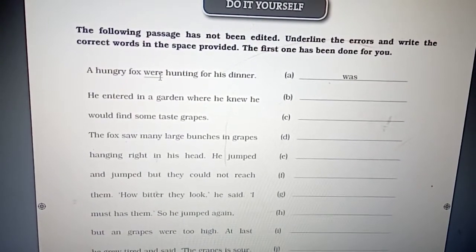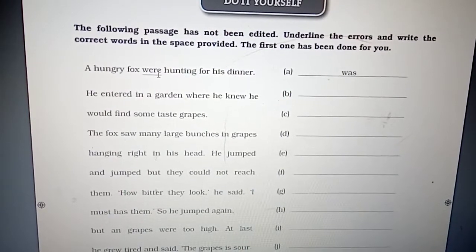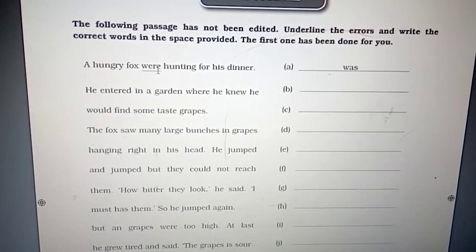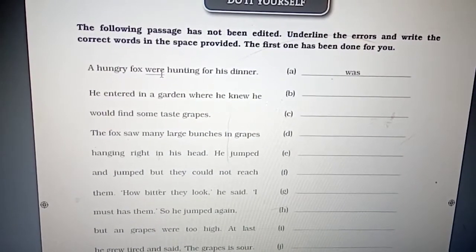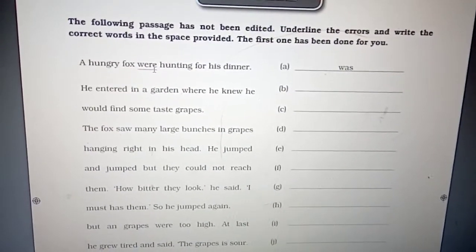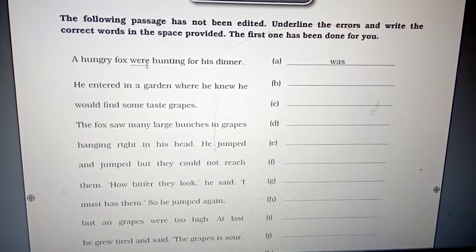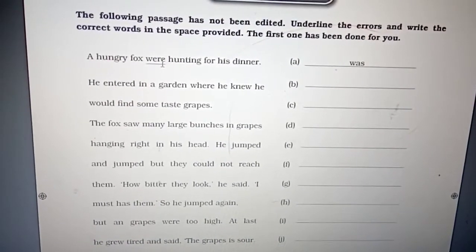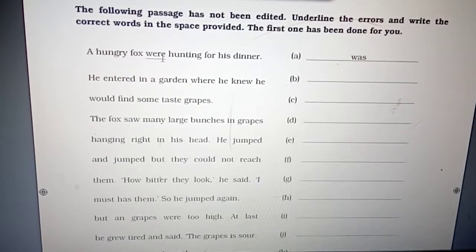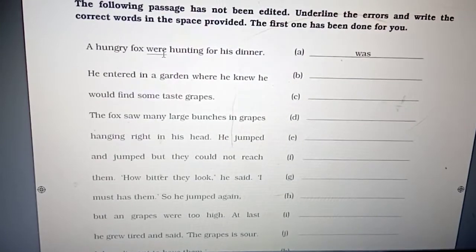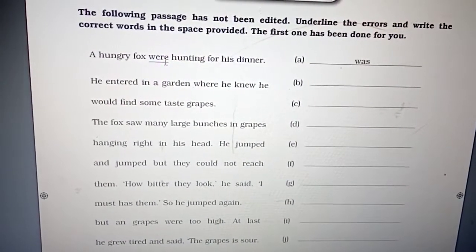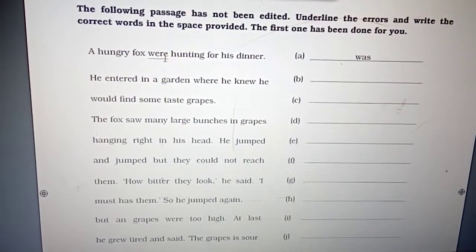He entered in a garden where he knew he would find some taste grapes. Entered means प्रवेश करना, and entered shows a movement, and where there is movement we use the preposition into, but here it is in.